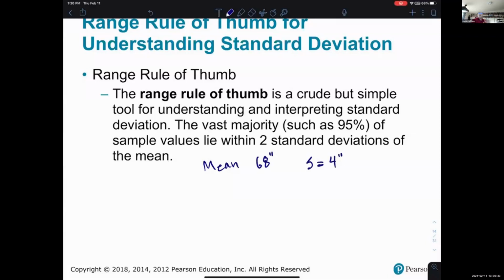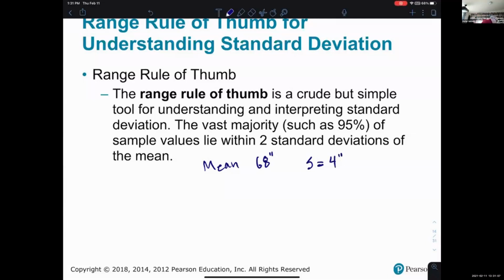So how am I within 2 standard deviations? That means no more than 2 standard deviations above and no less than 2 standard deviations below. That's within 2 standard deviations, meaning I couldn't go above or below more than 2 standard deviations to lie within 2 standard deviations of the mean.